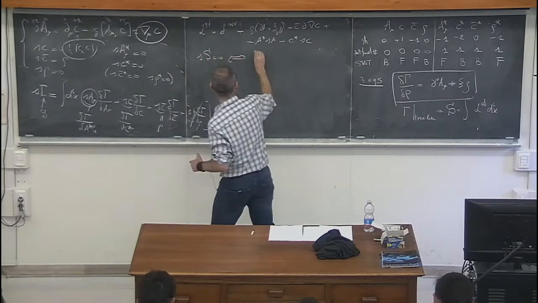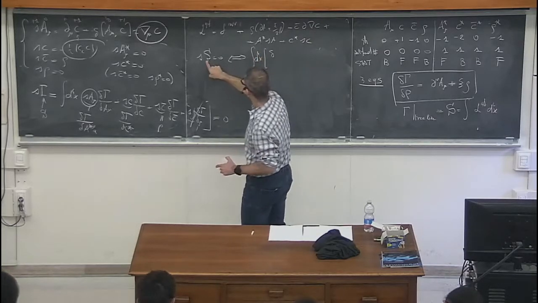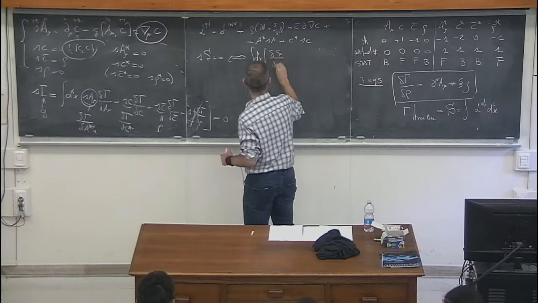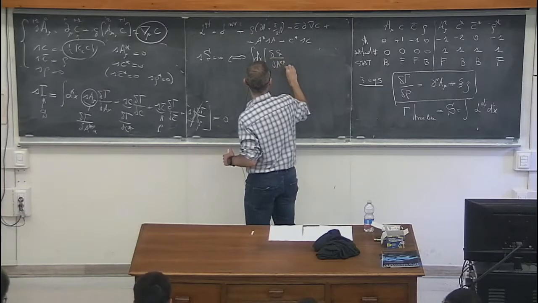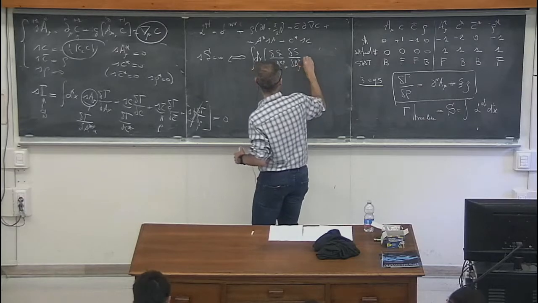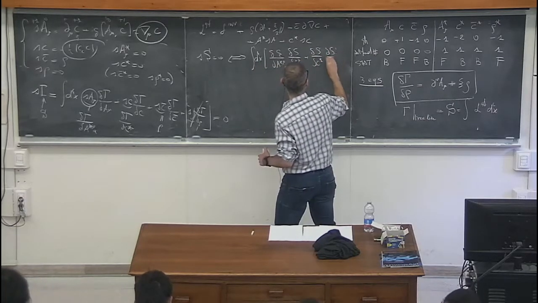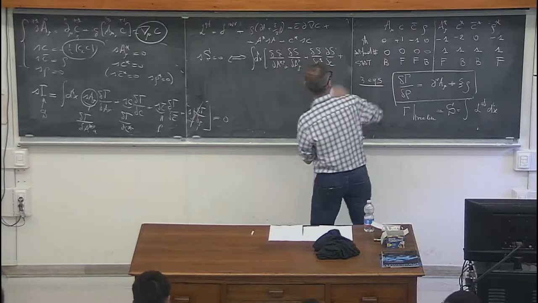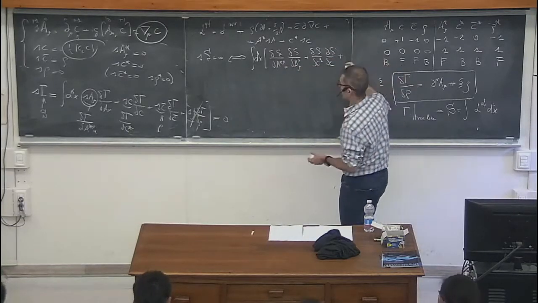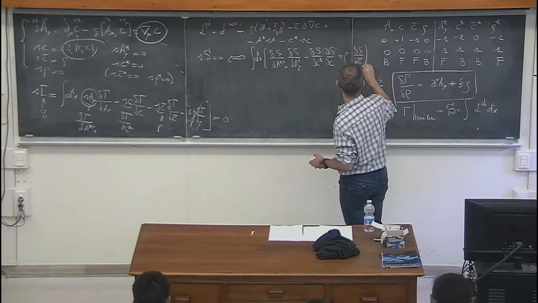This corresponds to the following. The integral d^4x. First I will write it down for S: δS/δA star mu times δS/δA mu, plus δS/δC star times δS/δC, plus rho times δS/δC bar is equal to 0.